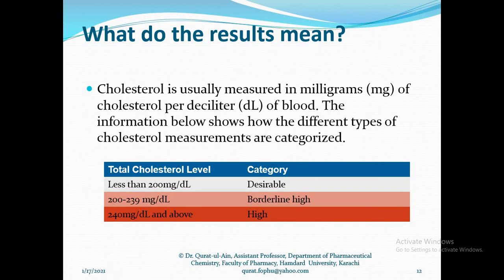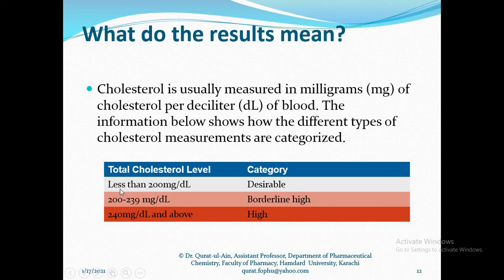Now after performing the cholesterol test, how can we diagnose whether the cholesterol present in the blood is under the normal concentration or not? We have different parameters, meaning different concentrations, that are previously recommended.